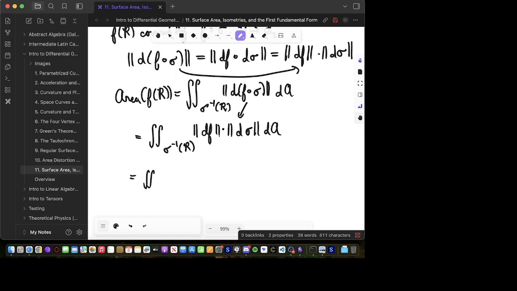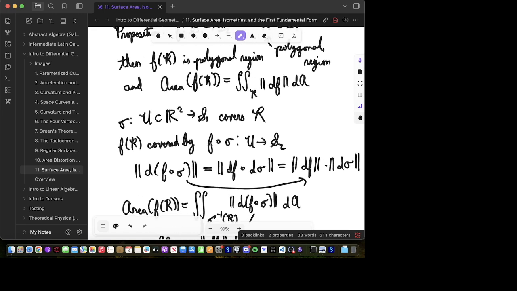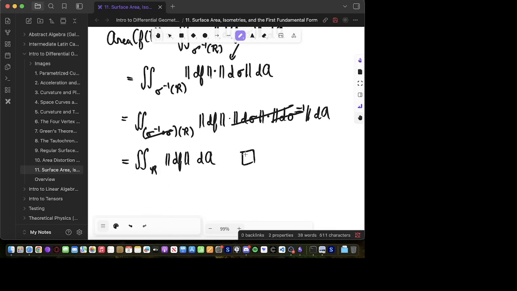And by the change of coordinates, we then get the double integral over R of the area distortion of dF, and that is our desired result. So that theorem has been proven.